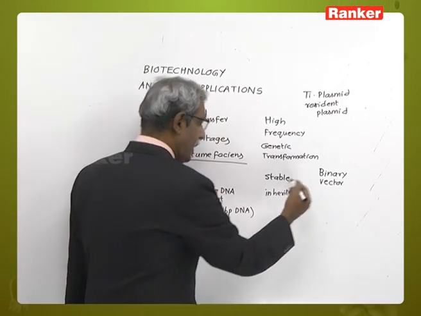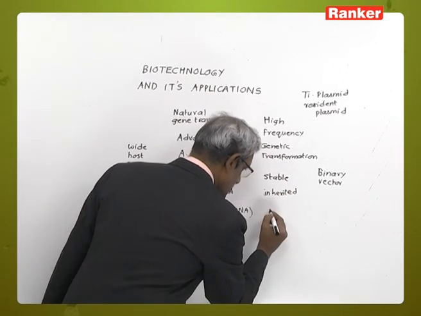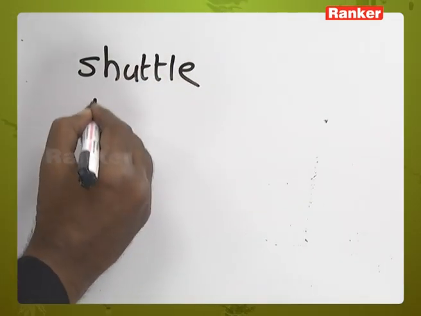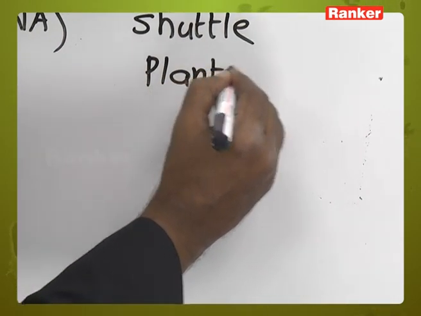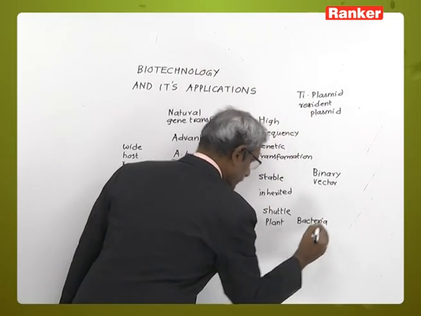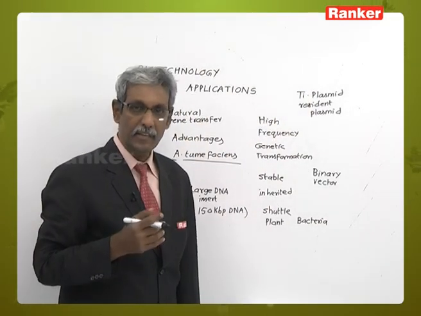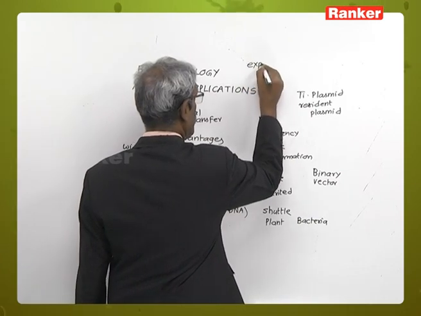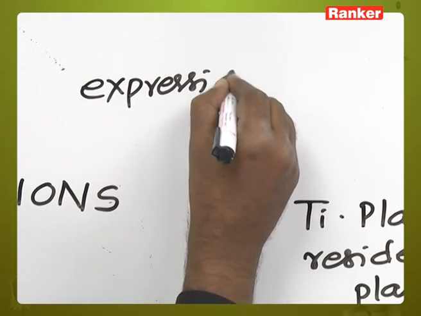So, it is termed a binary vector because it can easily shuttle between a plant and a bacteria. It can carry the genes and it is also capable of gene expression.